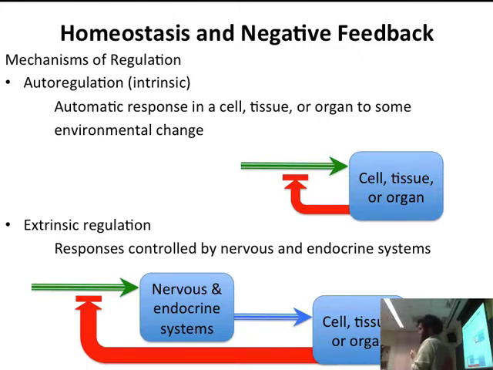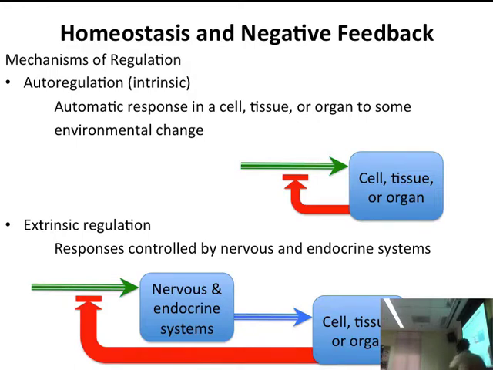Some variable stimulus is sensed by that cell. The cell integrates and responds by producing more or less of some chemical. So this is intrinsic. The cell in the tissue has this small loop right there. There are some examples of that.